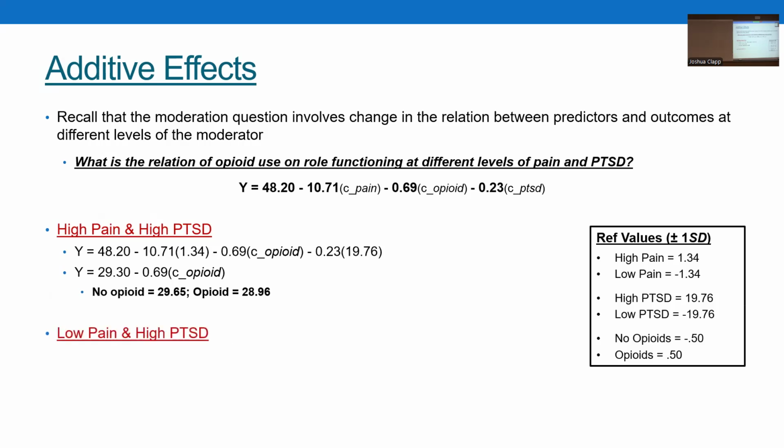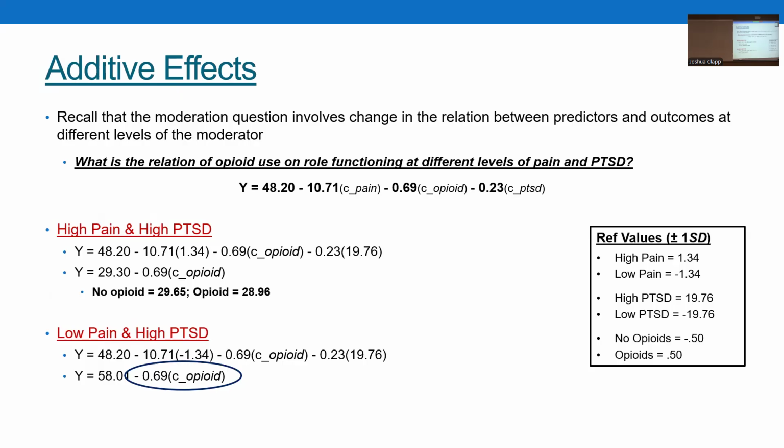Okay. What about if we want to look at people with low pain and high PTSD? Here's my model again, but now I'm going to plug in values for low pain and high PTSD. I calculate that out. What's the relation between opiate use and functioning?